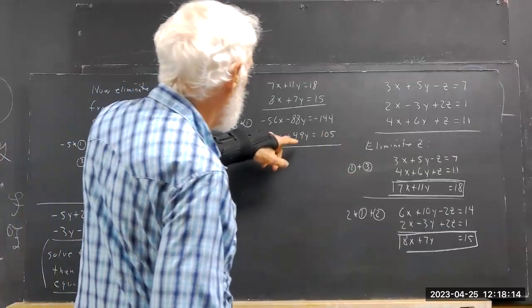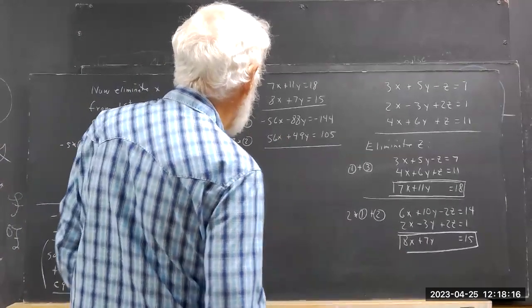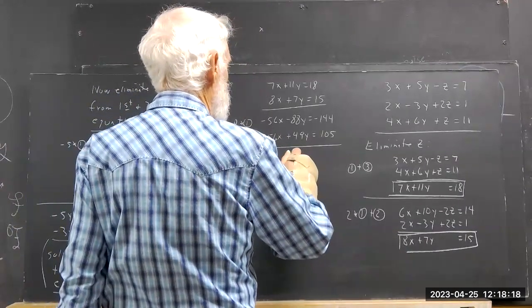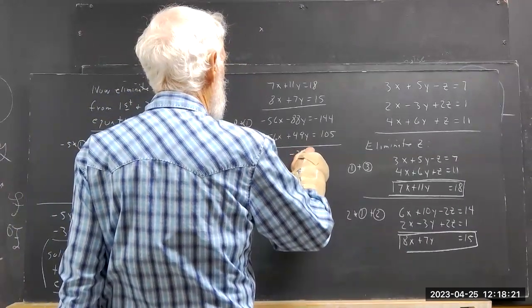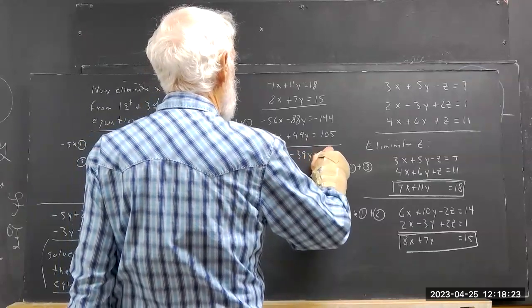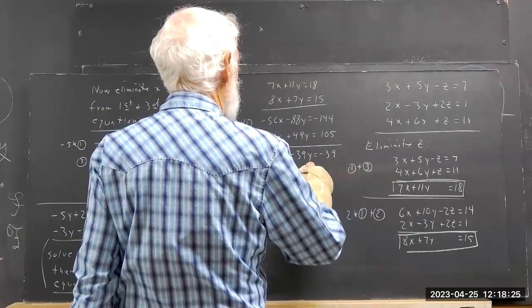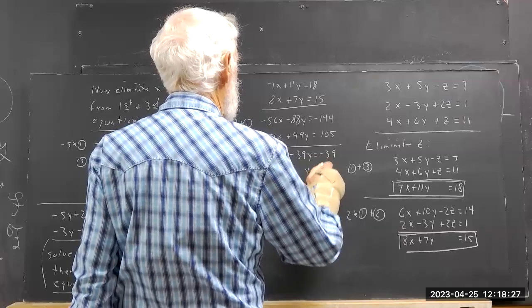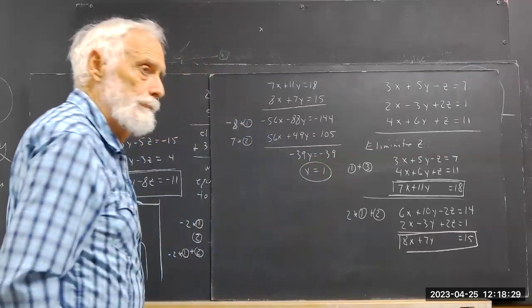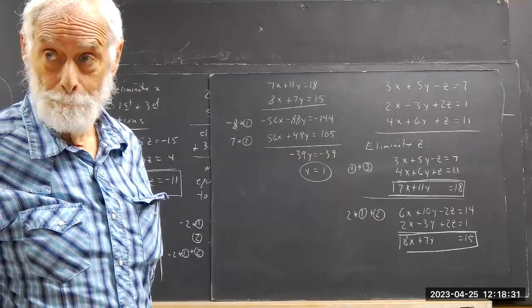So, well, this gives me negative 39y equals negative 39, so y equals 1. Okay.